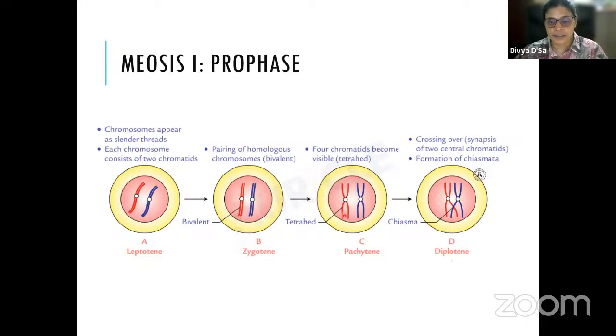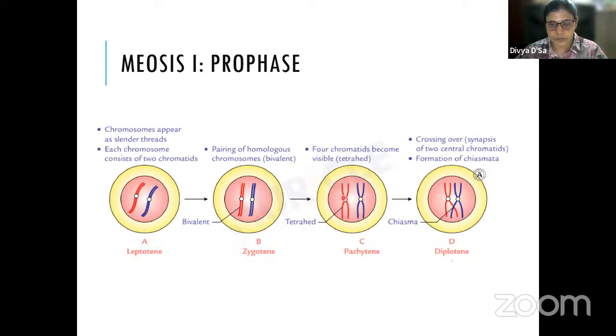The third stage is the pachytene. Pachytene is very long, sometimes even extending for years. It is characterized by the formation of 4 chromatids.